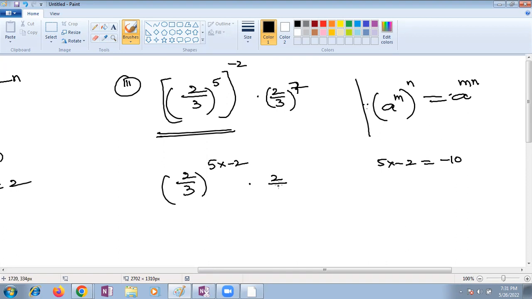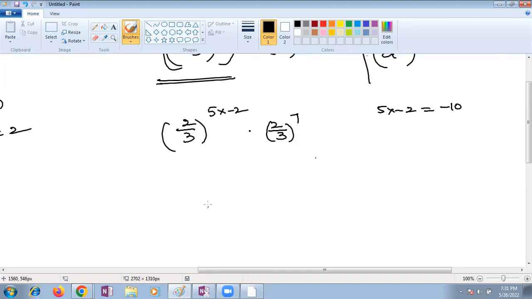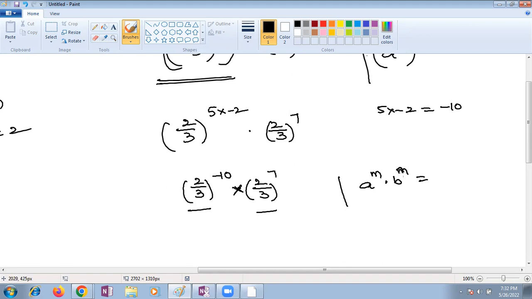As it is, you have to write the second fraction, 2 by 3 exponent 7. Now here 2 by 3 whole to the power minus 10 and 2 by 3 whole to the power 7. This is once again, the bases are same, and because we are multiplying, the product rule: a power m into a power n can be written as a power m plus n. You need to add your exponents, children.